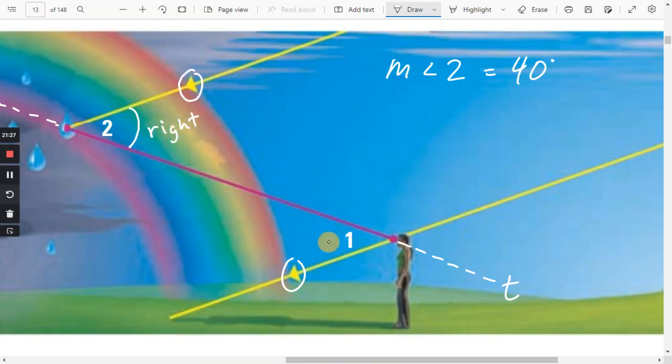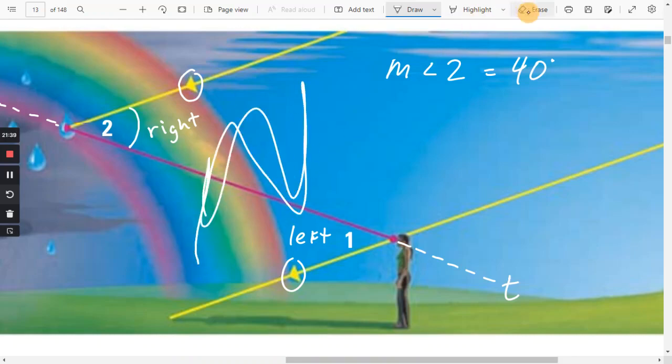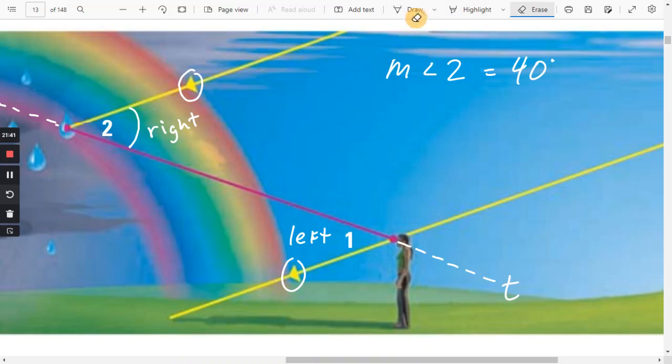And angle 1 is on the left of the transversal T. But anyhow, if you look at the parallel lines, both 2 and 1 are inside of those parallel lines. So since they are inside, they are interior.